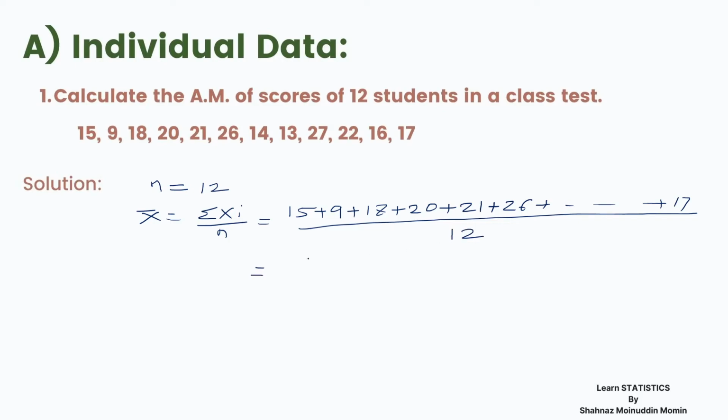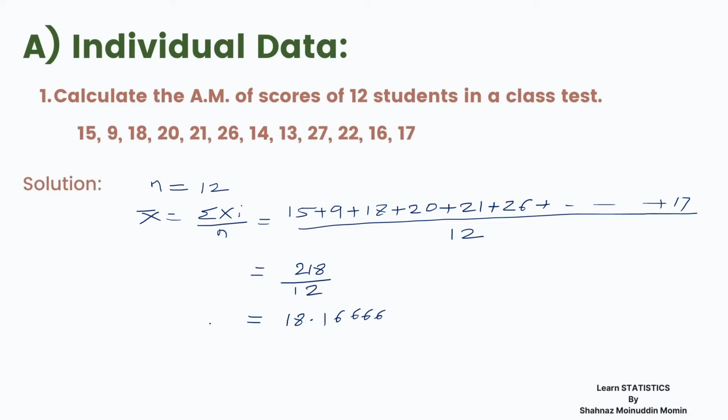If we add all these values, we get the sum 218 divided by 12. Dividing 218 by 12, we get the arithmetic mean as 18.1666.